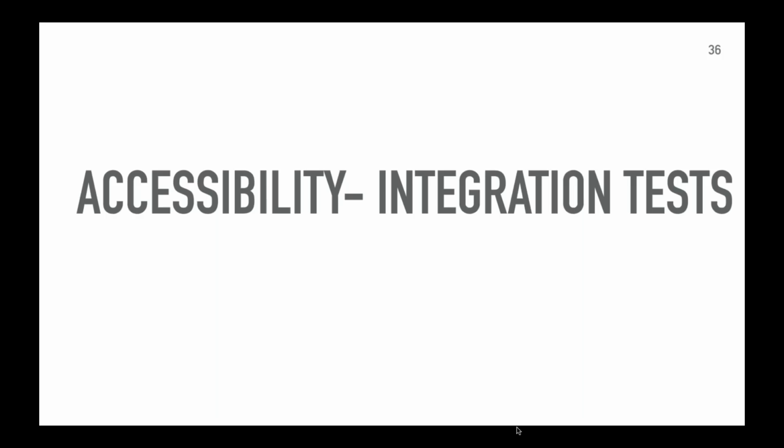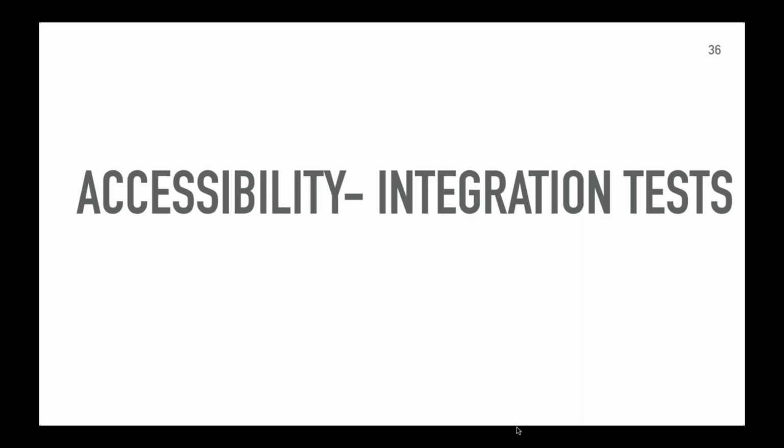Okay, since we saw how manually testing accessibility is important, with different ways like keyboard navigation, tabs, and disabling images and all that, with automation, of course, we know the testing pyramid, right? There's the unit testing level and there is the integration testing level.